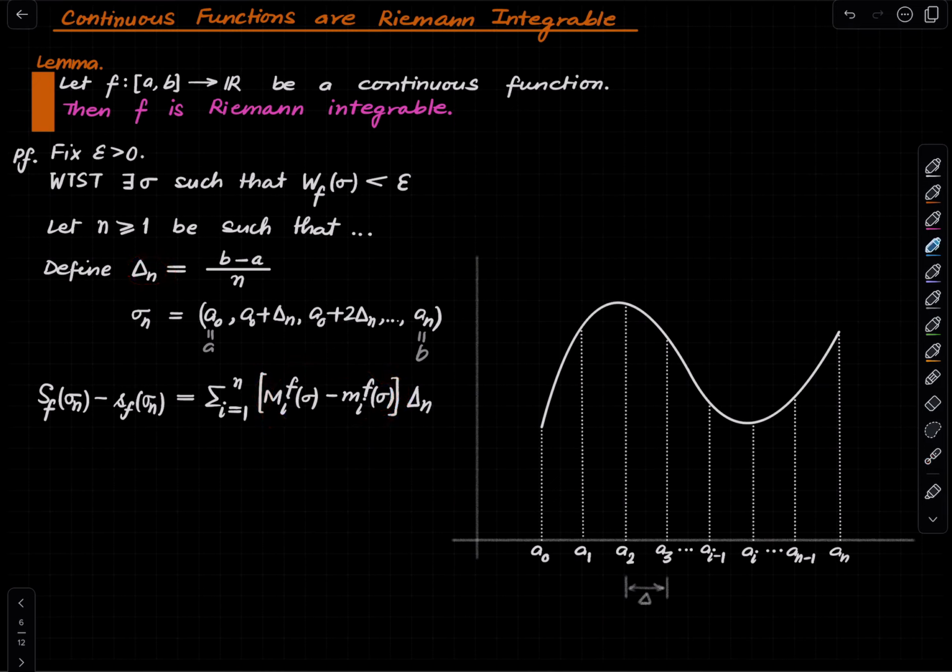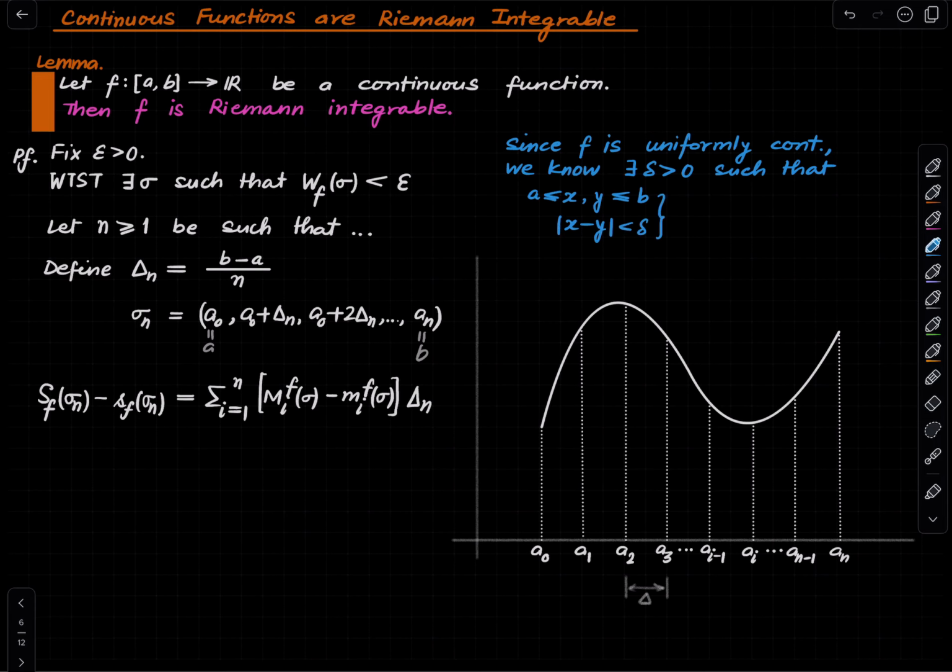Since f is uniformly continuous, we know there is a delta such that whenever we pick two things in the domain which are delta close, the images are epsilon close. So epsilon positive was already fixed, and for that epsilon there is a delta such that this happens.